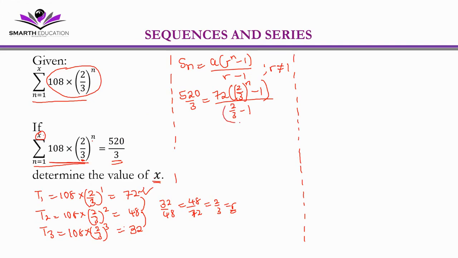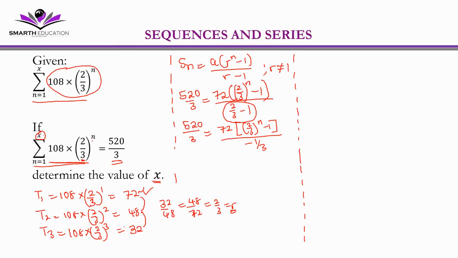Let's deal with this. What is 2 over 3 minus 1? That is negative 1 over 3. So it's 520 over 3 is equal to 72 times 2 over 3 to the power n minus 1, all over negative 1 over 3.